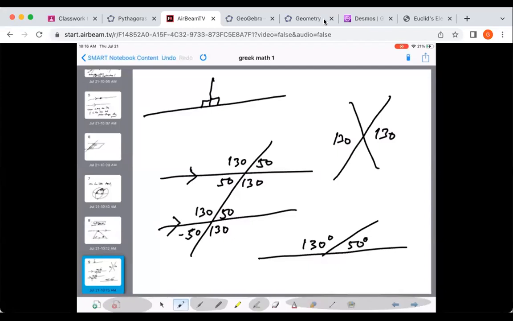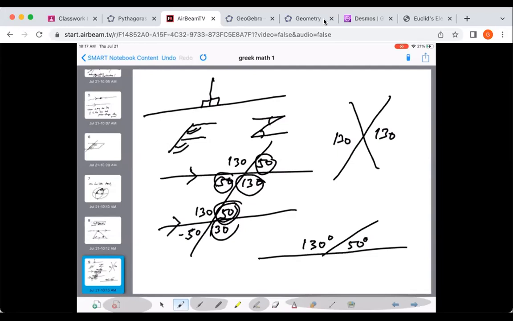And these have names. We call this 50 in relation to that 50 alternate interior angles. Kind of like if you see a letter Z, these two angles are going to be congruent because they're called alternate interior angles. On the other hand, this 130 and this 130 remind me of the letter F. Those angles are called corresponding angles, and they're congruent.